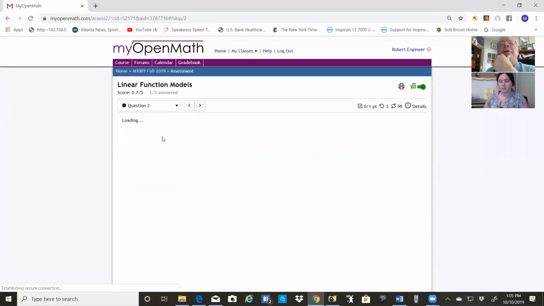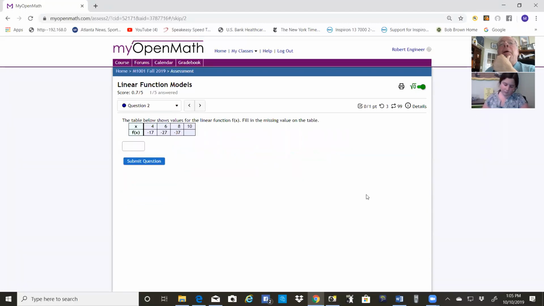So next question. We got a table here of x and f of x. And you want to just fill in that blank place there. What do you first notice about this? You go from 4 to 6, and you go down how much?